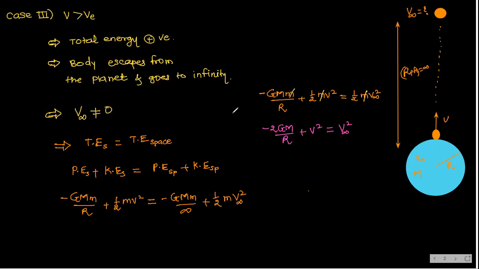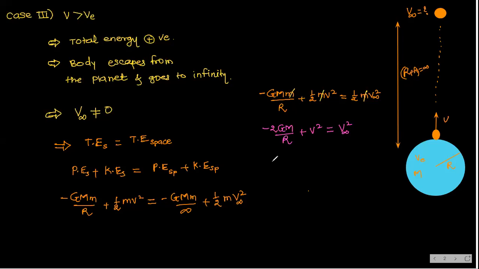But now under root, wait. First, what I am doing? This minus 2GM by r is there now. If I transfer that term to that side, or even rearrange it in terms of escape velocity, can I do something like this?